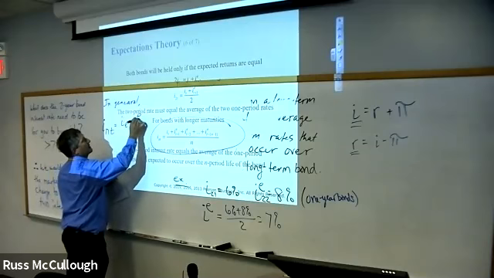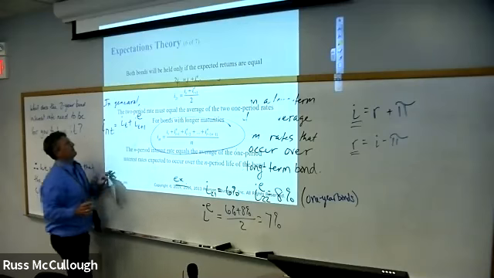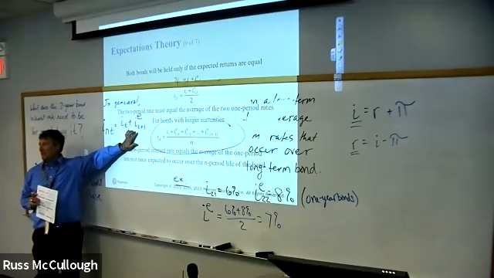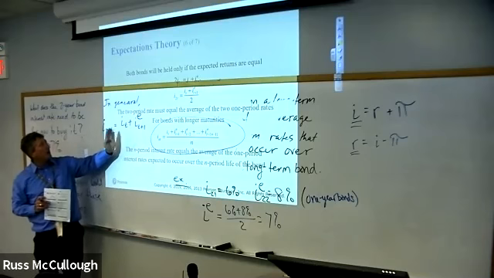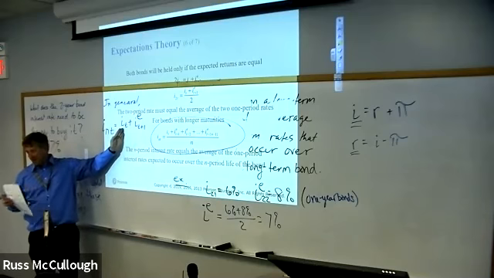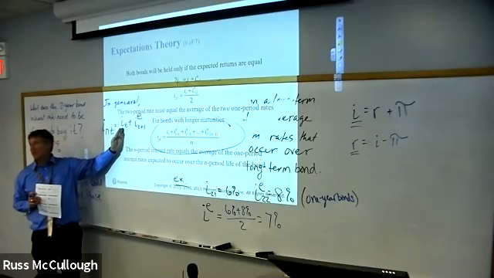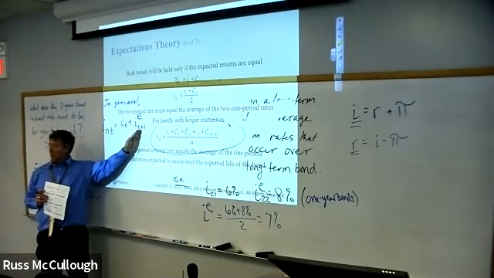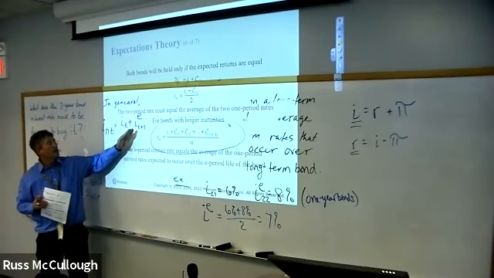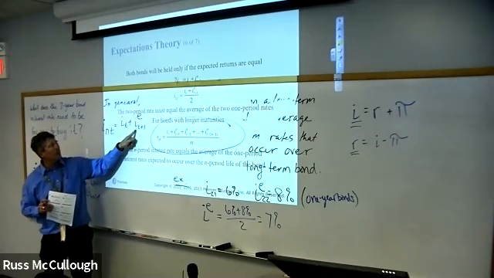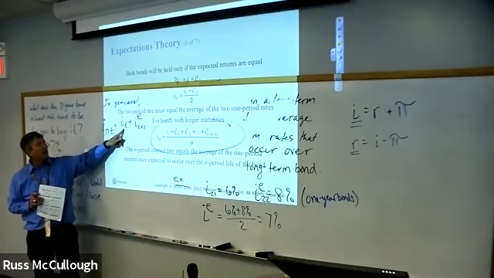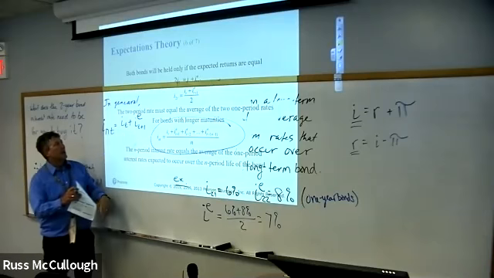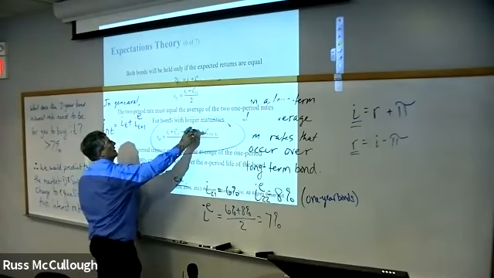So I_T plus I expected T plus 1, and let's stop there for a second. This is the thing I just did with the 6 plus the 8%, right? So I_T is time period T. If time period 0 is what we usually start off with, time period T plus 1 is 0 plus 1, which is 1 year from now. So the expected rate 1 year from now was 8%. And then we have the 6% today, and then we divide it by 2. But now we're going to keep on going because it could be a 5-year bond or longer.